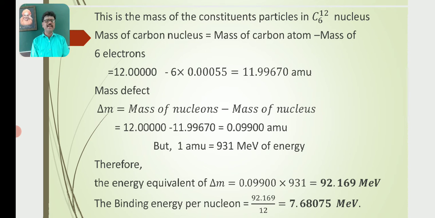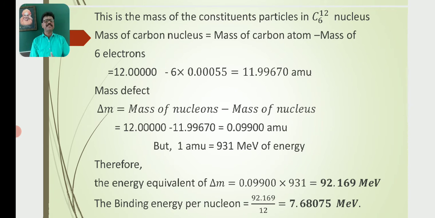Then what is binding energy per nucleon? That means the specific binding energy, which is equal to binding energy by mass number. So 92.169 by 12 is equal to 7.68075 mega electron volt.